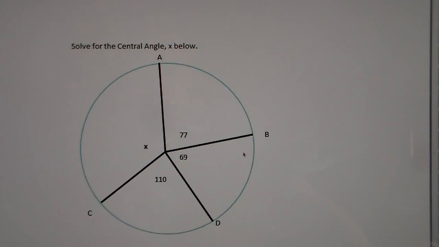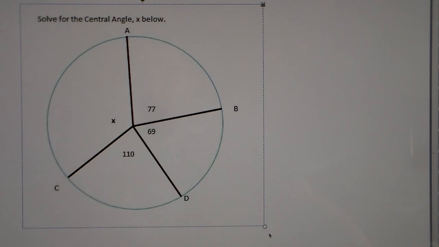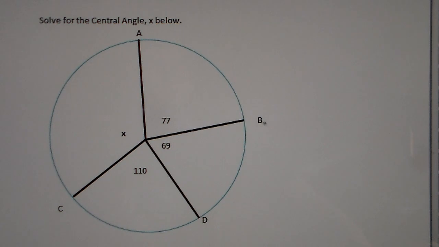Alright. Let's try one that's a little bit different. It's a little bit more complicated, but I think you can handle it. We got to remember a little bit from about 5 minutes ago. We talked about how many degrees are in a circle. Well, this point here in the middle is our center of the circle.